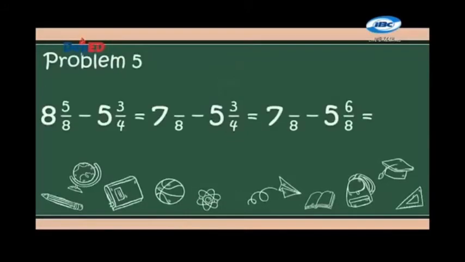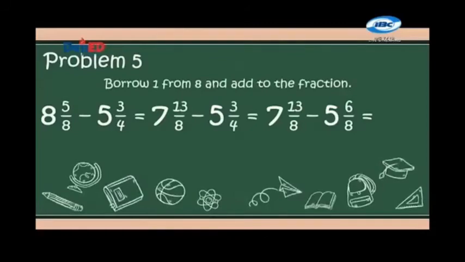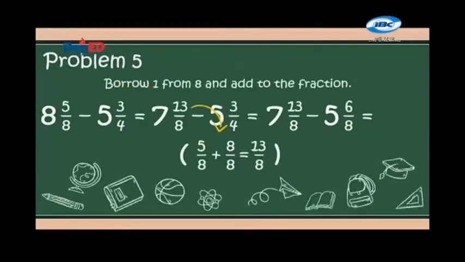Number 5. In this case, fractional parts cannot be subtracted because minuend is smaller than subtrahend. So, we will apply regrouping. Borrow 1 from 8 and make it 7 and 8 eighths plus 5 eighths equals 7 and 13 eighths minus 5 and 3/4.